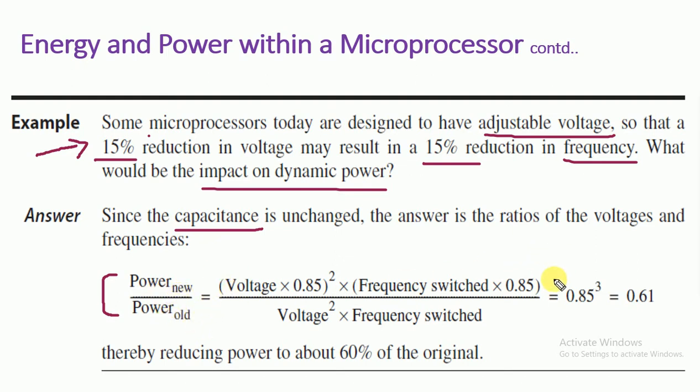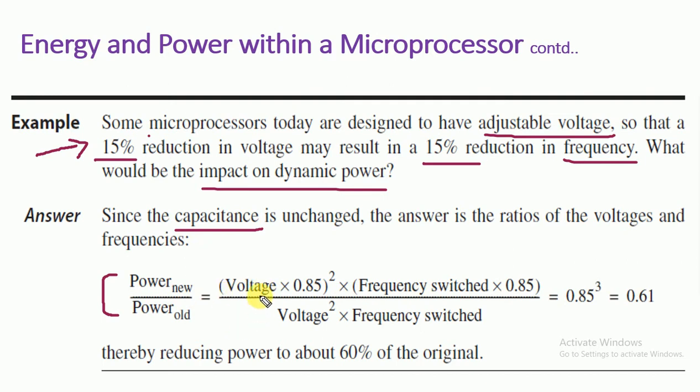On top we will write the power formula for the new system, and for the bottom part we will write the power formula for the old system. Here, as the capacitance remains the same for both up and down, we can cut that.